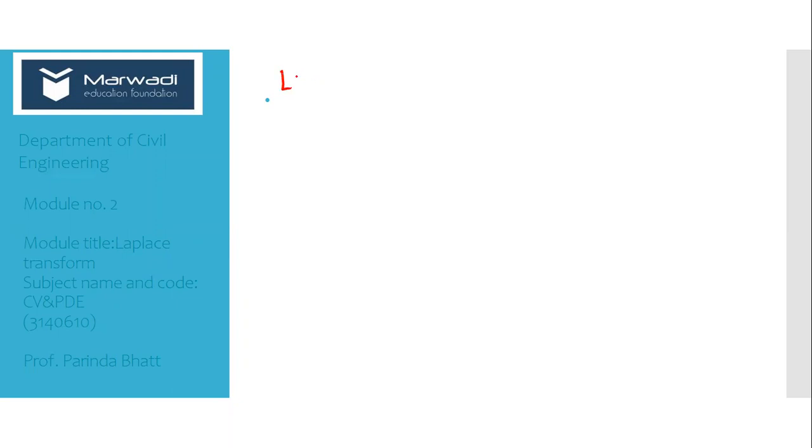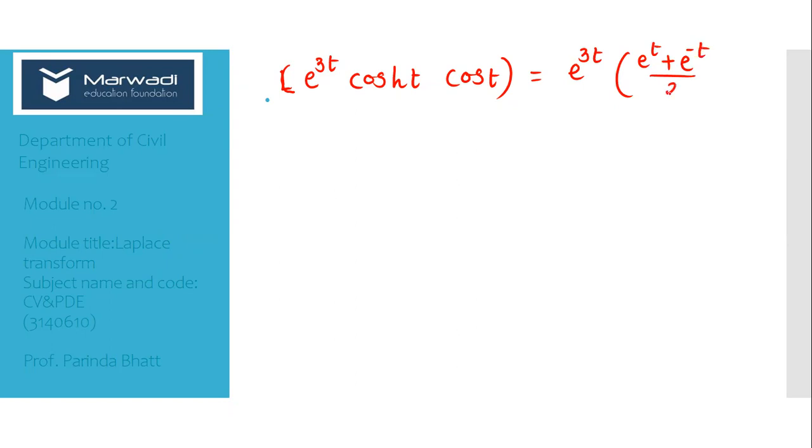Our question is e raised to 3t cosh t cos t. First we simplify this. E raised to 3t cosh t means e raised to t plus e raised to minus t divided by 2, and cos t as it is. Yes, one answer is here.